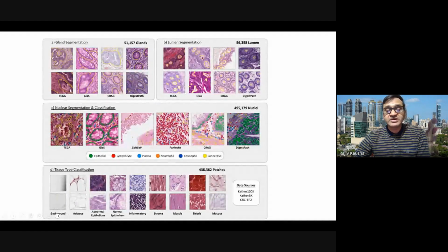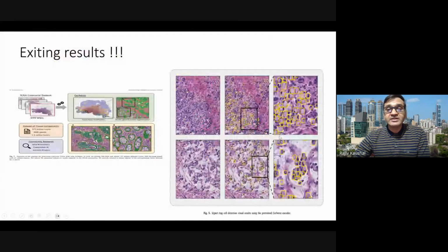All these features are combined together, and when done like that, the results are very exciting. The prediction of the cancer using these has become more than 95%.